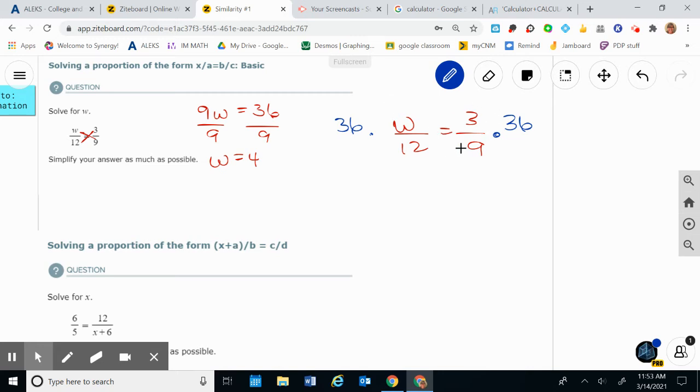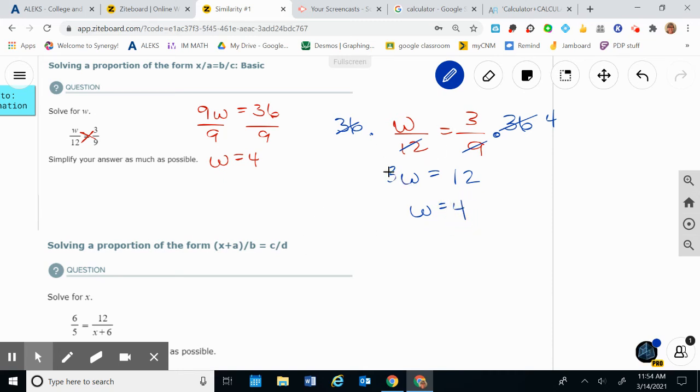Okay. So you'd multiply by the least common denominator. And then 12 goes into 36 3 times, 9 goes into 36 4 times, and then you get 3w equals 12, w equals 4.